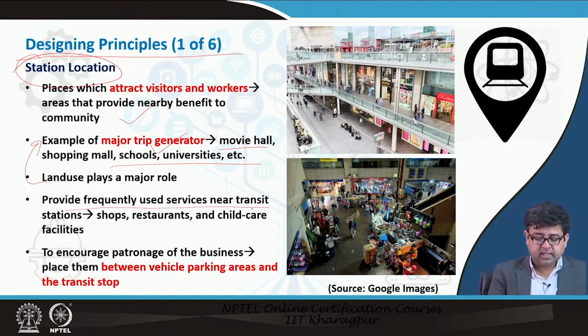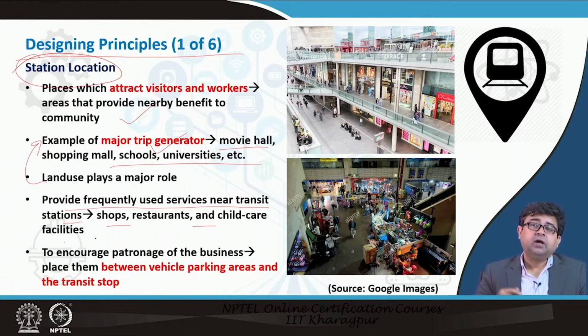Provide frequently used services near a transit station, so shops, restaurants and childcares. So, that is the whole idea of transit oriented development, to design your station as not just a station terminal, but as a multi-use facility. You can have restaurants, you can have even office blocks, you can have residential blocks around, or even multi-storied buildings on top of the transit hub or the station, and that makes it a TOD or a transit oriented development, and that becomes a very good example of achieving sustainability in urban transportation.